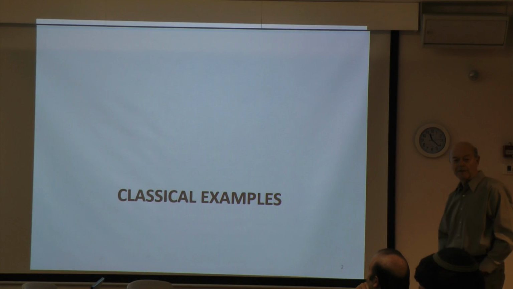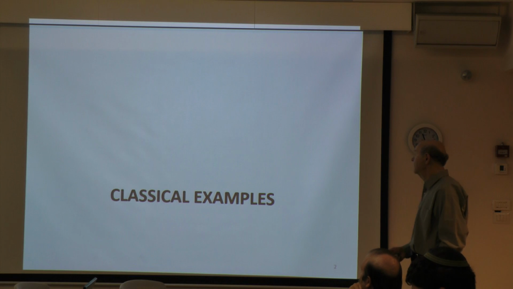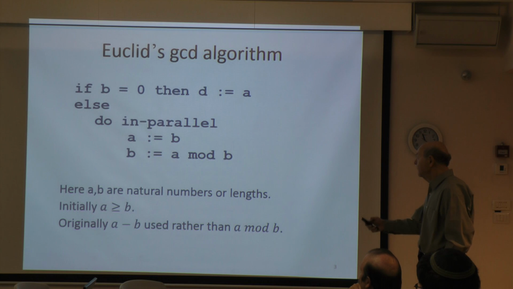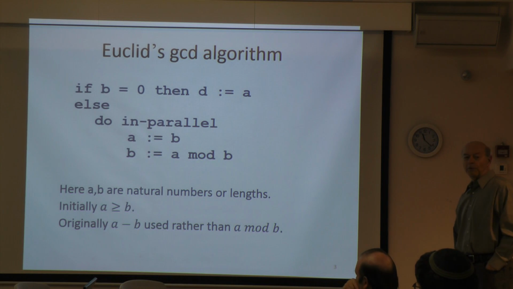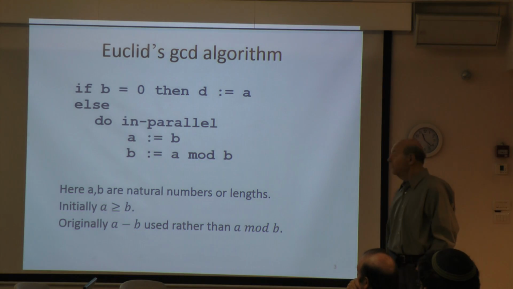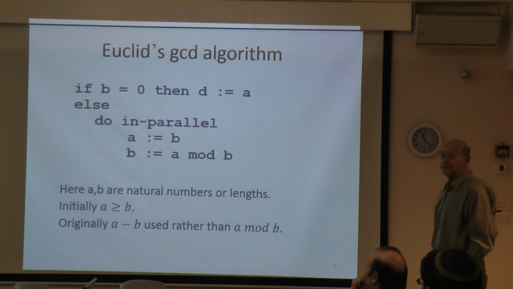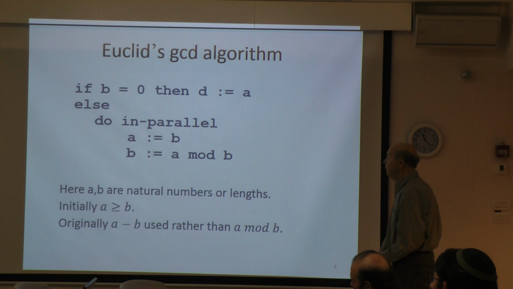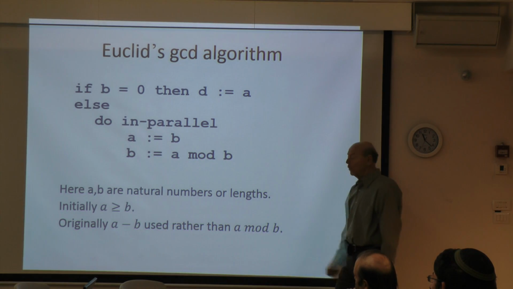So I'll start with examples. This is probably the most classical algorithm, Euclid's greatest common divisor. You have two natural numbers or two lengths.